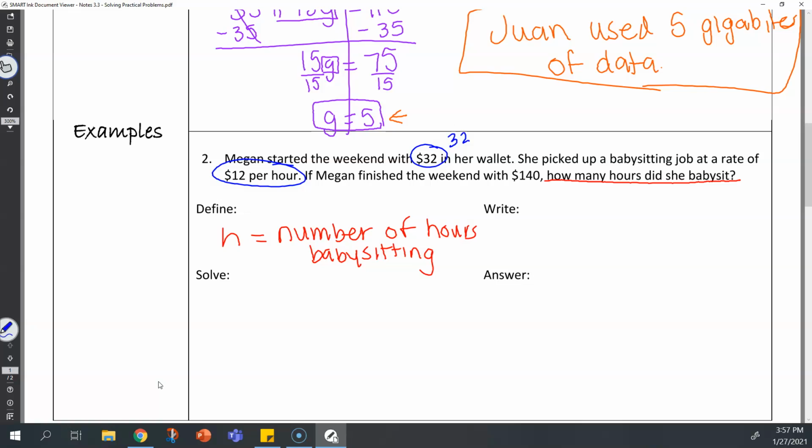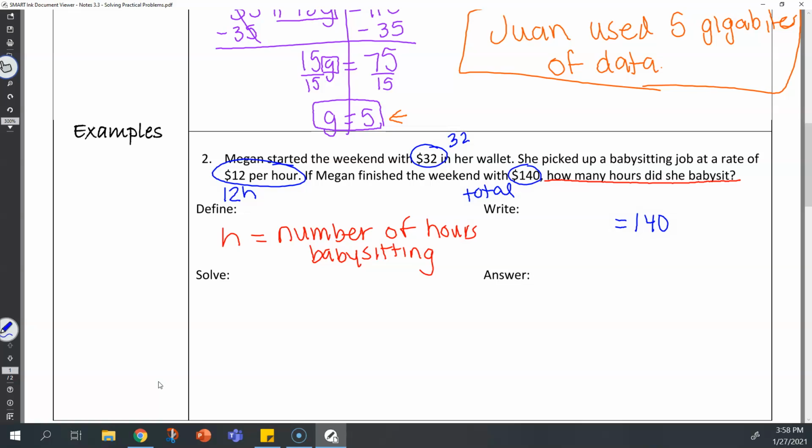So to represent that, that's going to be 12 times the number of hours, which I'm going to use H to represent. Lastly, she finished the weekend with $140. That's my total. Now, as we write this, remember that your total always goes on one side of the equal sign. I personally like to put it over here on the right side, so I'm going to put 140 there all by itself.